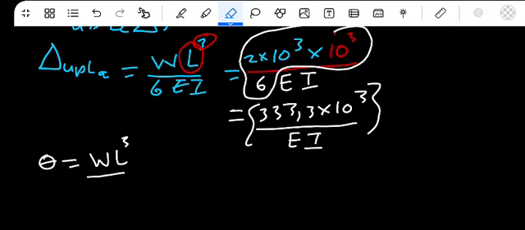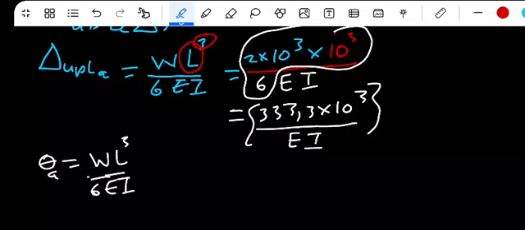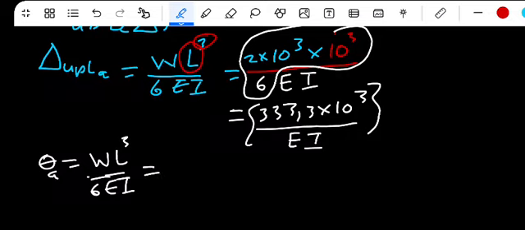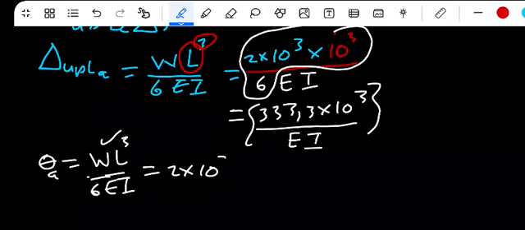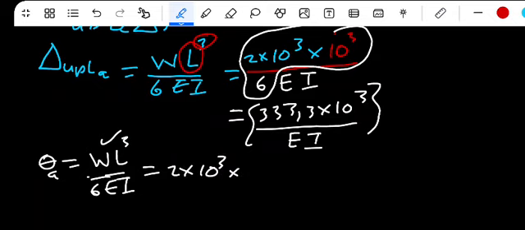So the slope at A, we know, is 2 times 10 to the power of 3 multiplied by the length, 10 to the power of 3 throughout, divided by 6 EI.